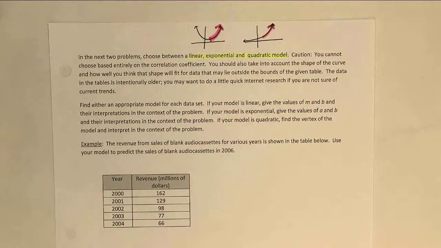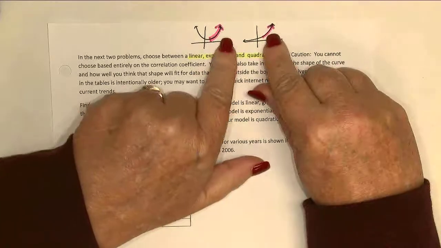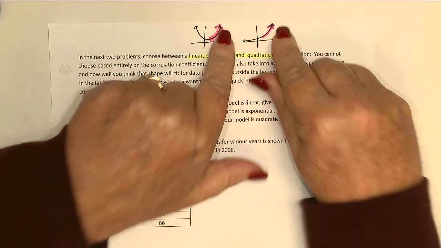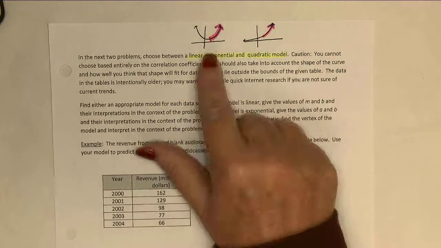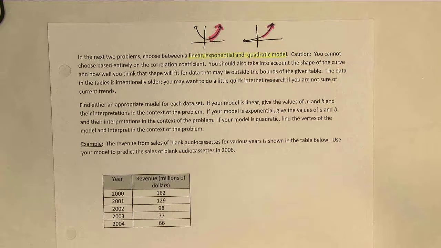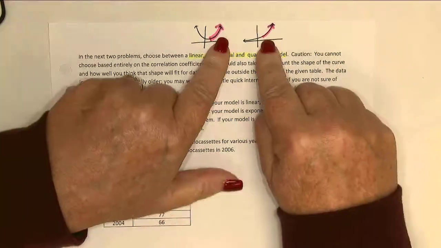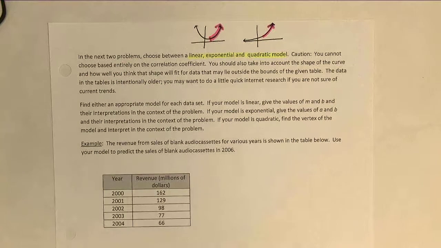The quadratic and the exponential functions both increase with a curve to them as they go off towards higher and higher values of x or time, whatever we're working with. So it may not be possible to predict precisely what's going on unless we know a little something about the trends.